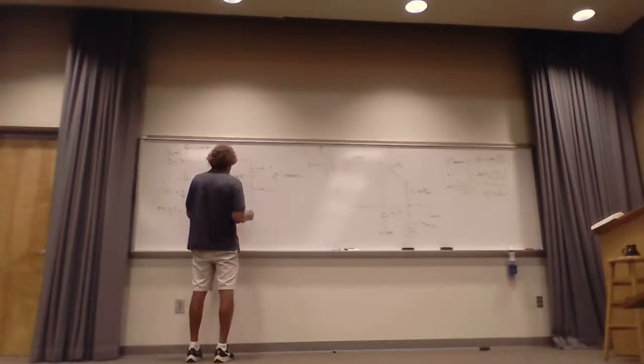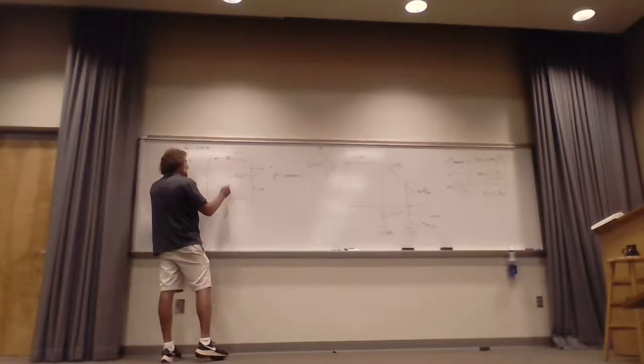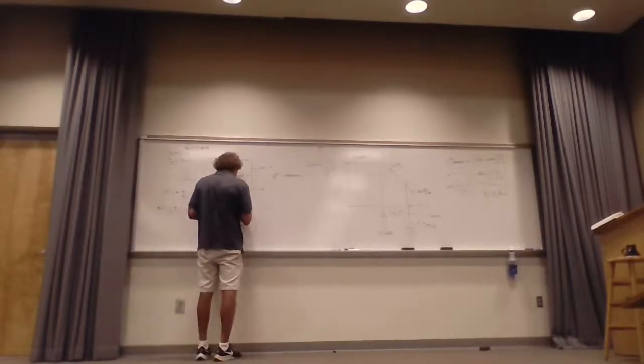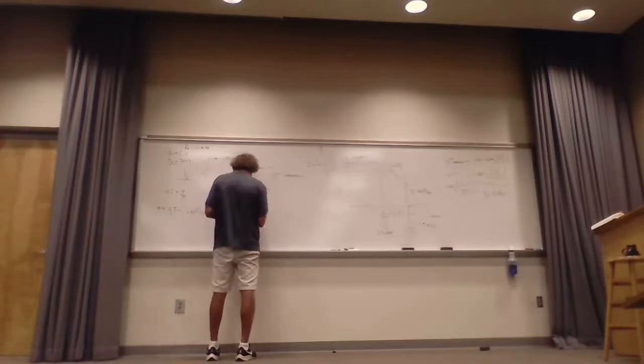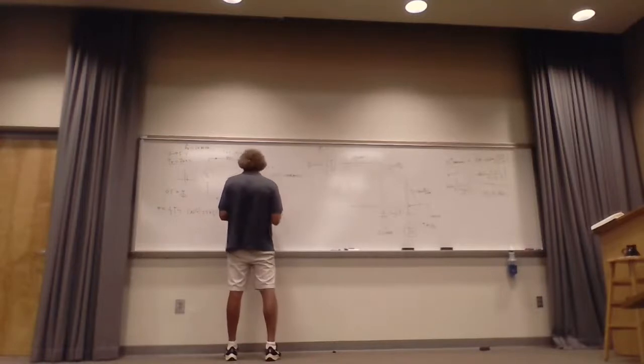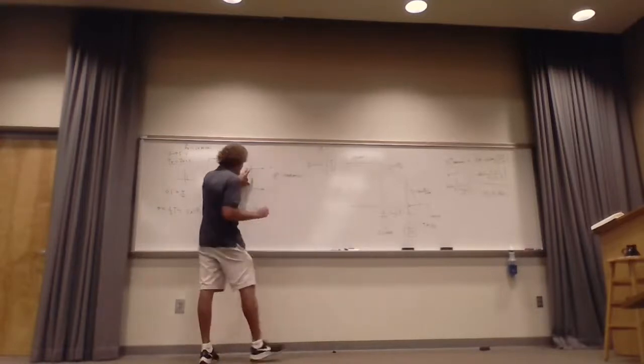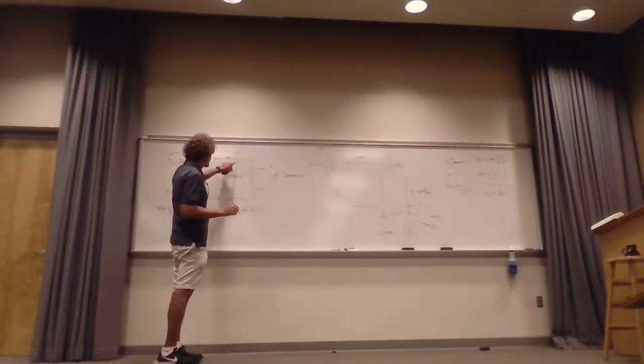The transfer function of this, just input output, H of, and I'll just call it H of N omega naught. Well, the transfer function is this over this plus this, right?